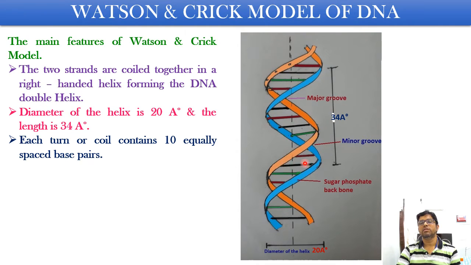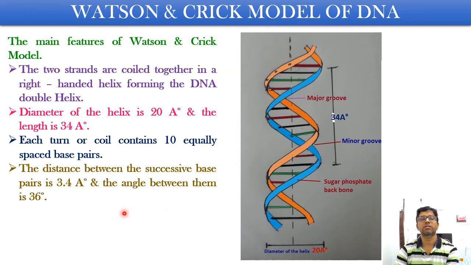Ten equally spaced nitrogen base pairs are present in each coil, and the space between two successive base pairs is 3.4 angstroms.